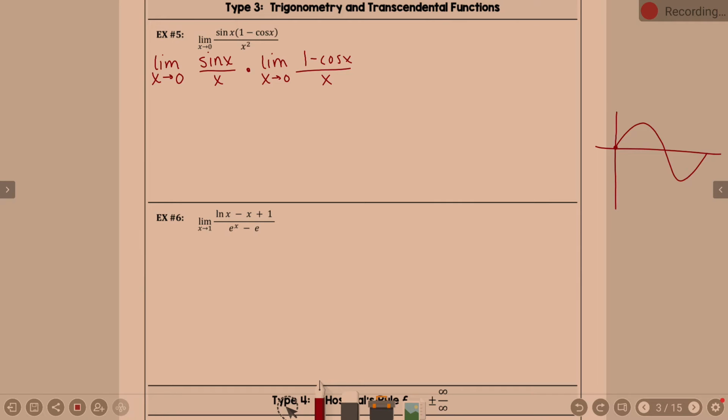Limit as x approaches 0 of sine x over x. Anyone remember that one? 1. Did you find it? 41. Page 41? Okay. And what are we on? Page 250? So over 200 pages ago. Okay. So one option would be limit as x approaches 0 of sine x over x is 1.